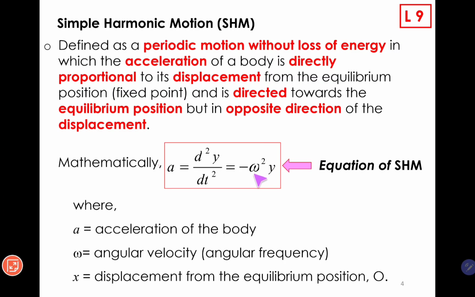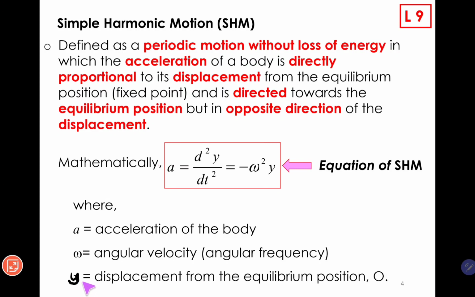and y, okay, this is y, it's not x, something is wrong here, let me correct this one first. Okay, this is y. Y represents the displacement from the equilibrium position O. So don't be confused. As long as the motion is on the x component, the displacement we take as y.